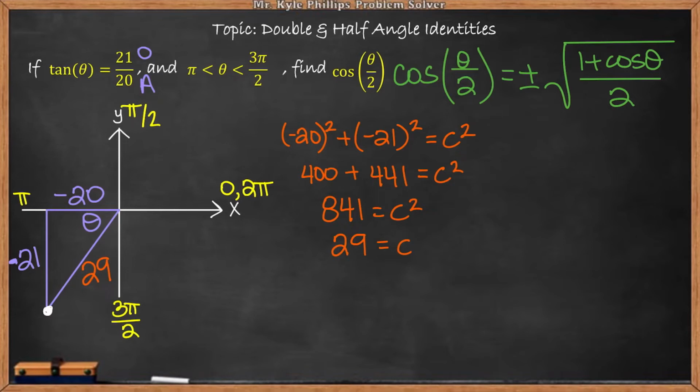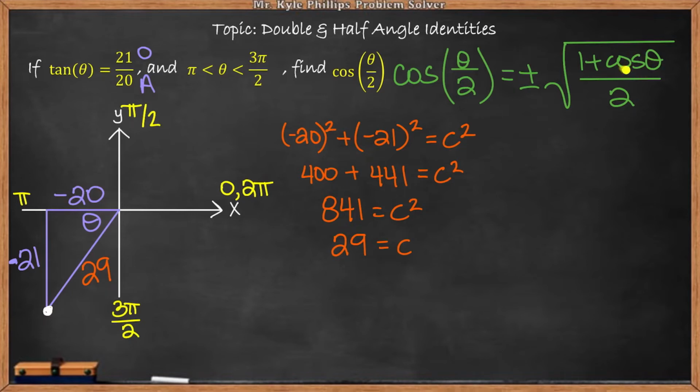One thing here: this hypotenuse is never going to be negative. The reason is that the hypotenuse is the distance from this point to the origin. The way you find the hypotenuse is a squared plus b squared equals c squared. Anything squared is always positive, and if you add two positives, you get another positive value. So this can never be negative, and it doesn't matter what quadrant you're in.